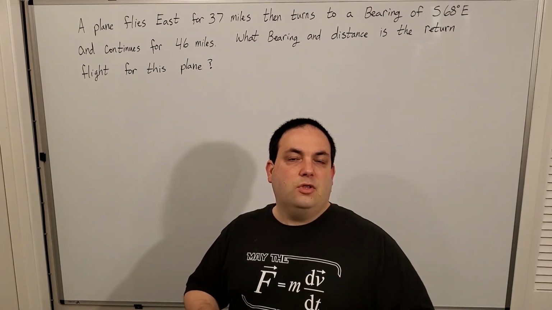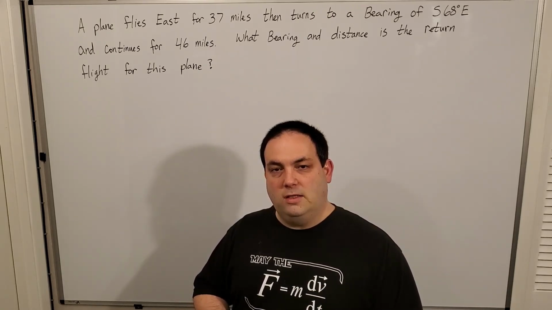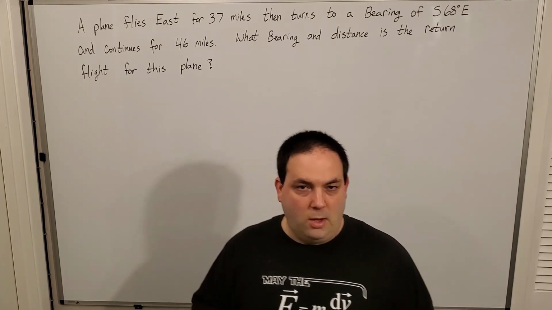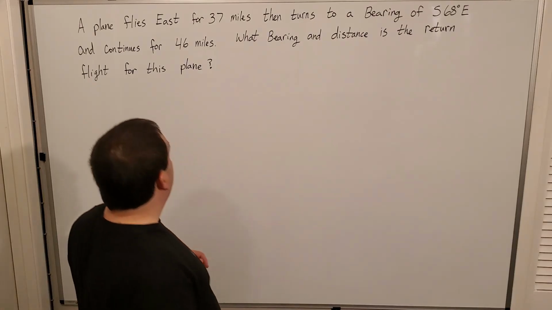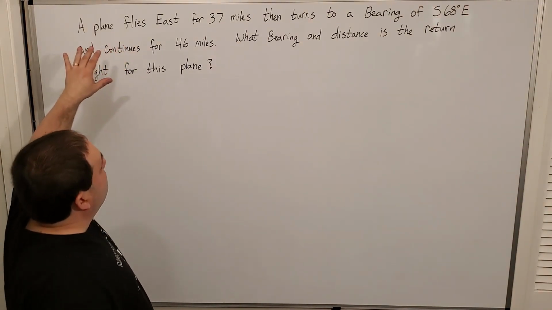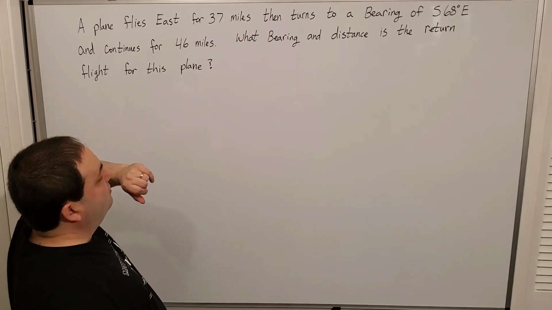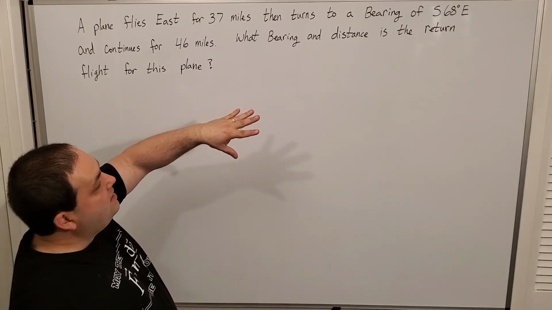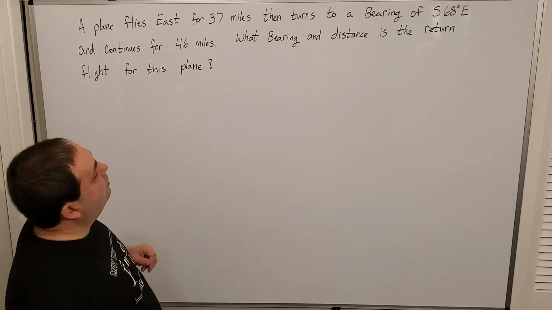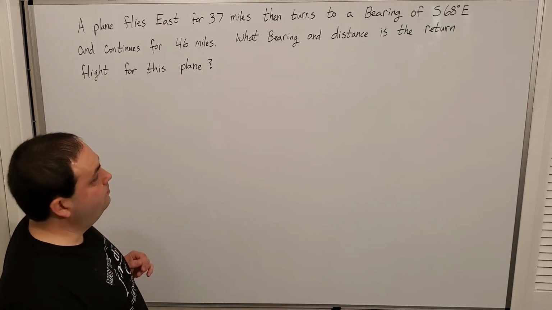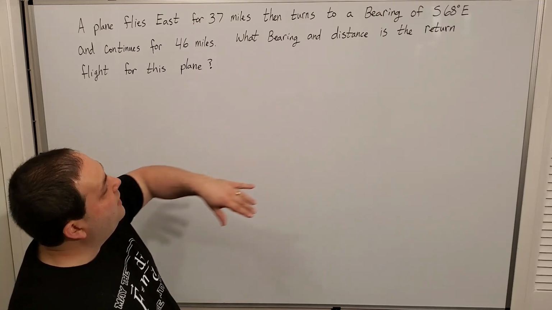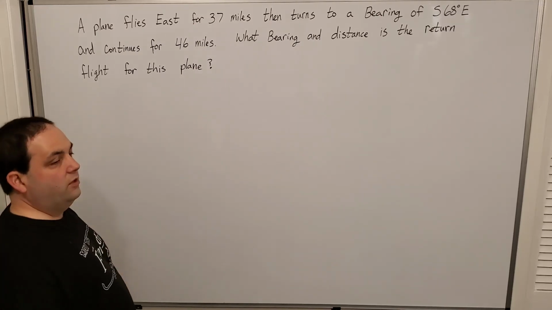And you just have to make sure that you're bookkeeping your angles correctly to make all of it work out correctly. Okay, so we have a plane flying from somewhere, and it goes east for 37 miles, then turns on a bearing of south 68 degrees east, and then continues for another 46 miles to some destination. So then from there, what bearing and distance is the return flight for the plane?